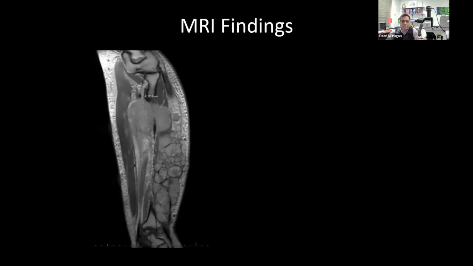As I mentioned, you can see a rather impressive soft tissue mass, which measures greater than 20 centimeters in size. And this is the volar aspect. You can see a lobulated mass, very heterogeneous in appearance, areas of necrosis, and this mass extends across to the other side in between the bones of the forearm.